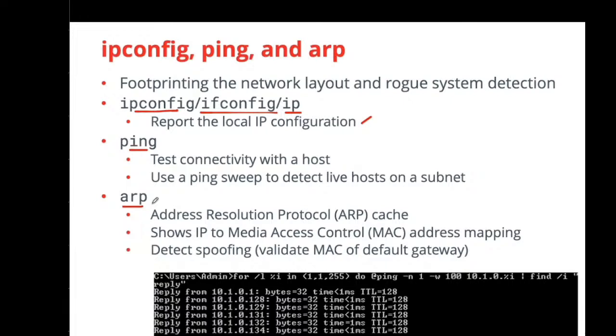This is useful if you are investigating a suspected spoofing attack. Like if you're suspecting a man in the middle attack, you can go for this and have a look to see if there is one MAC address for two different IP addresses, or two MAC addresses for one IP address.